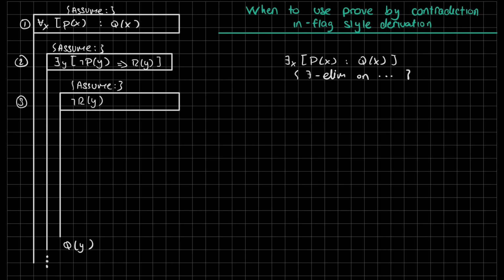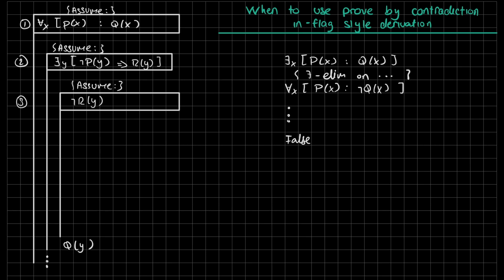And here what we will derive is a for all x, if P of x holds, then not Q of x holds. This should be in square brackets. And from this we will have to derive false.